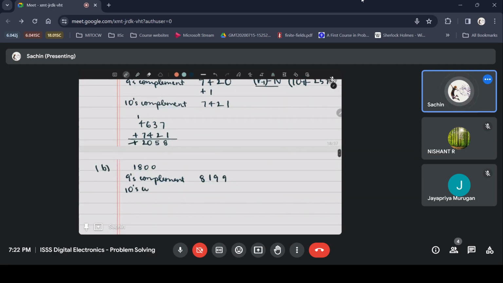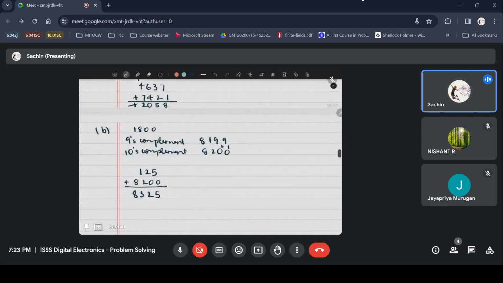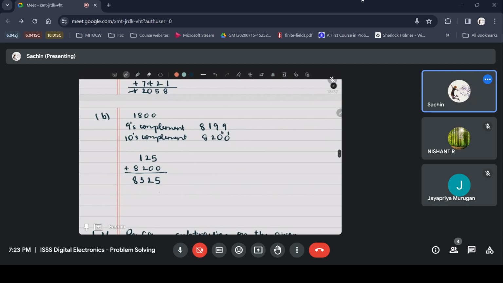Okay, 10's complement, just add 1 to that. That will be 8200. So 125 plus 8200 will be 8325. Now this is actually you subtracted a larger number from a smaller number. So what you get is the negative in tens complement form. It's a negative number. So to check, we will take the tens complement again.